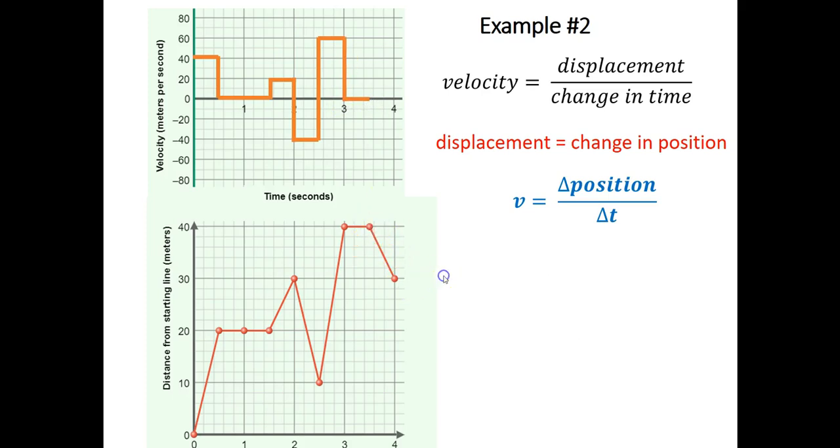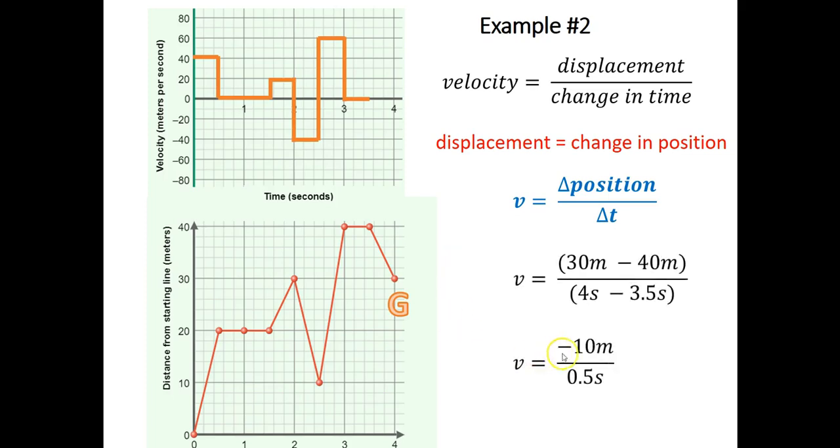And our last line segment, going back down, so we're back in the negative velocity. Ending position is 30, starting position is 40, from 4 seconds to 3.5 seconds. Gives us negative 10 divided by 0.5 seconds, which gives us a velocity of negative 20 meters per second. So our last piece is going to go right here, negative 20 meters per second, and connect our line.